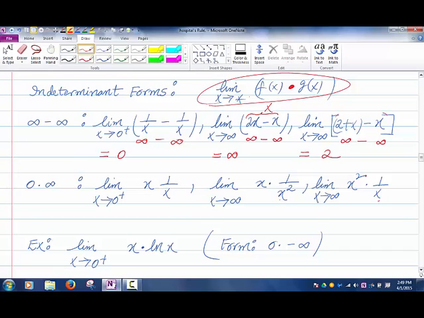For example, look at the limit as x goes to 0 from the right of x times 1 over x. In the first limit, the first factor goes to 0 and the second factor goes to infinity. In the second limit, the first factor goes to infinity and the second factor goes to 0. In the third limit, the first factor goes to infinity and the second factor goes to 0.